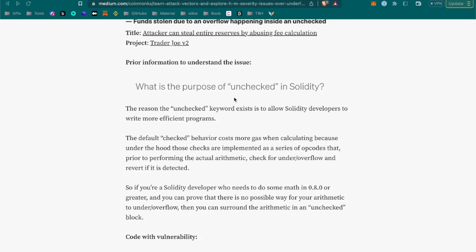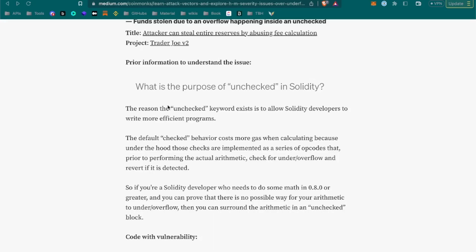So what's the purpose of unchecked in Solidity? The reason the unchecked keyword exists is to allow Solidity developers to write more efficient programs. The default checked arithmetic, so whenever we are not using the unchecked keyword, costs more gas when calculating because under the hood, those checks are implemented as a series of opcodes that, prior to performing the actual arithmetic, check for underflow or overflow and revert if it's detected.